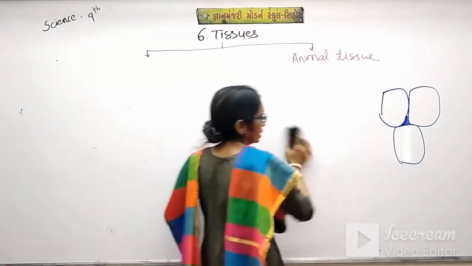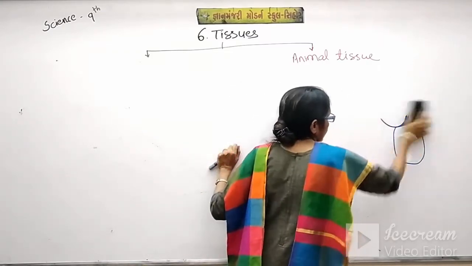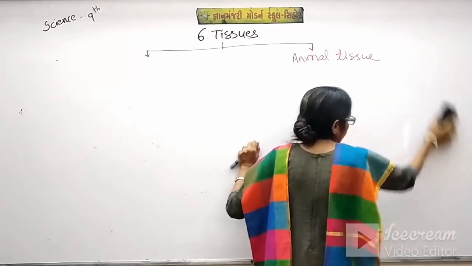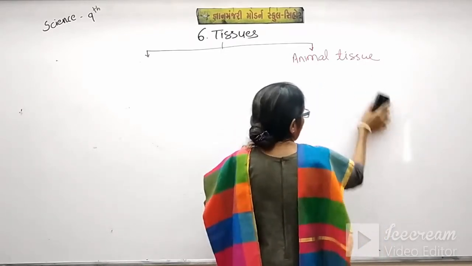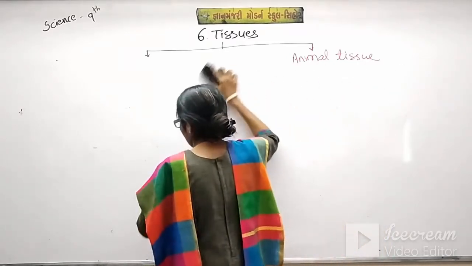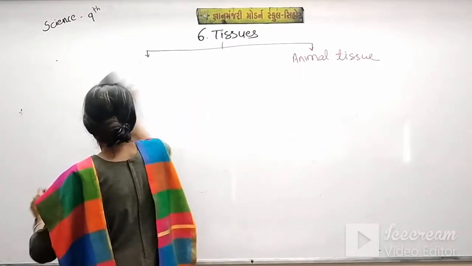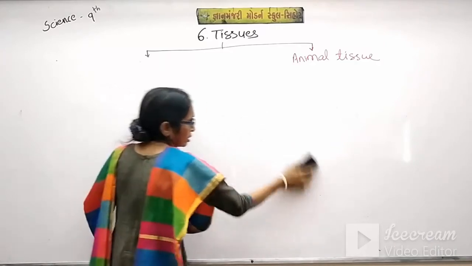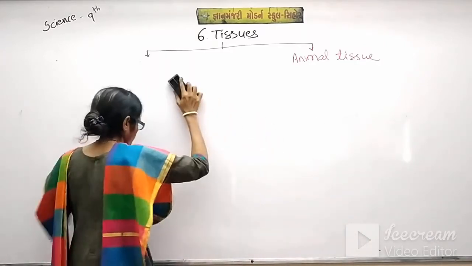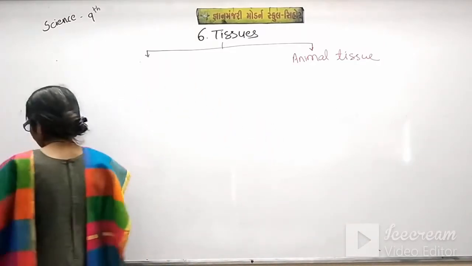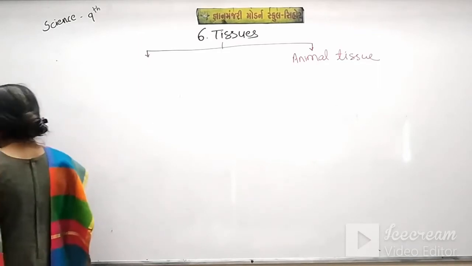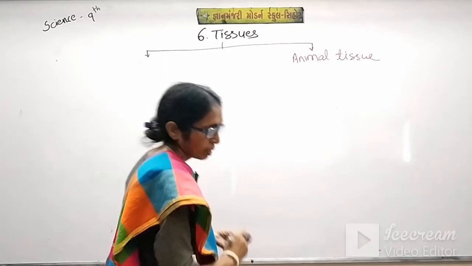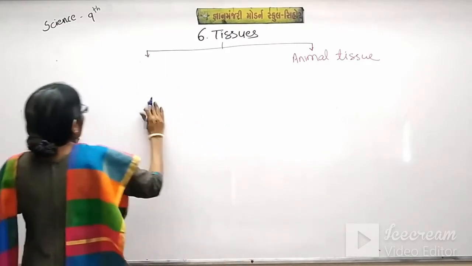Keep learning, students. Also regularly prepare your file books. Whichever characteristics I am giving you, learn them; they are very easy and almost all points are covered in them. Okay. Now number 1, parenchyma.